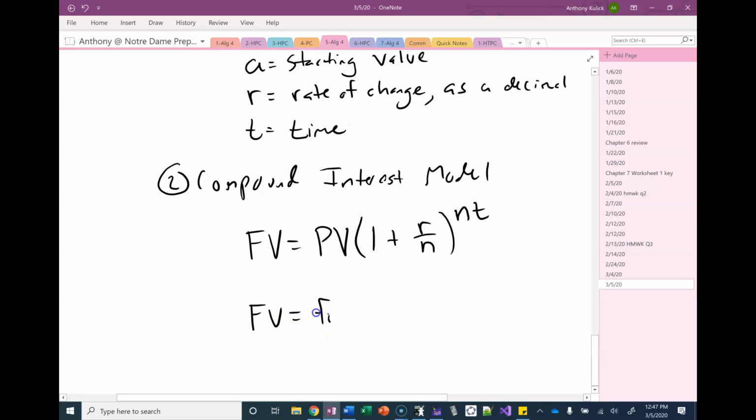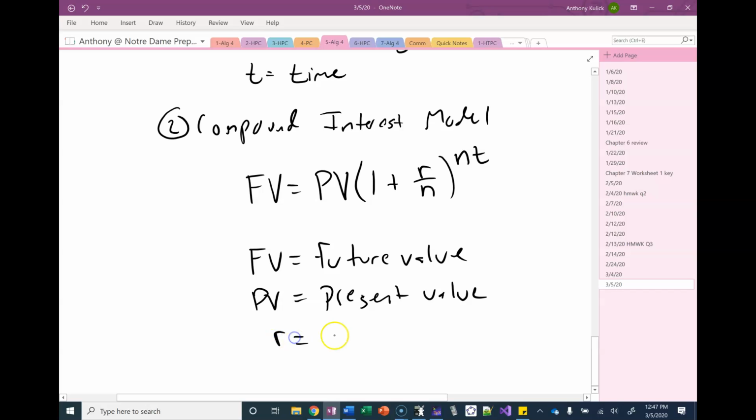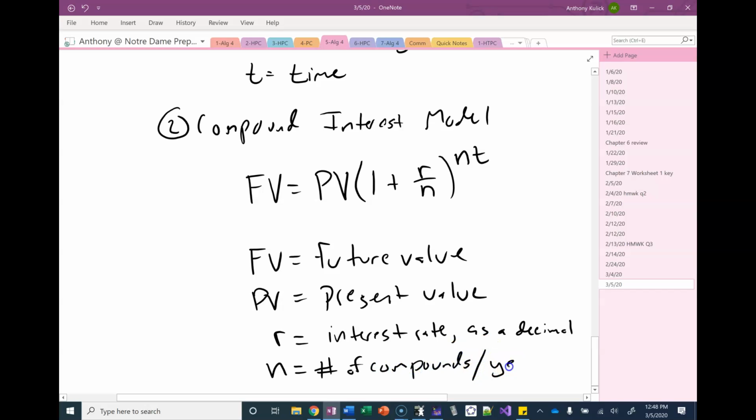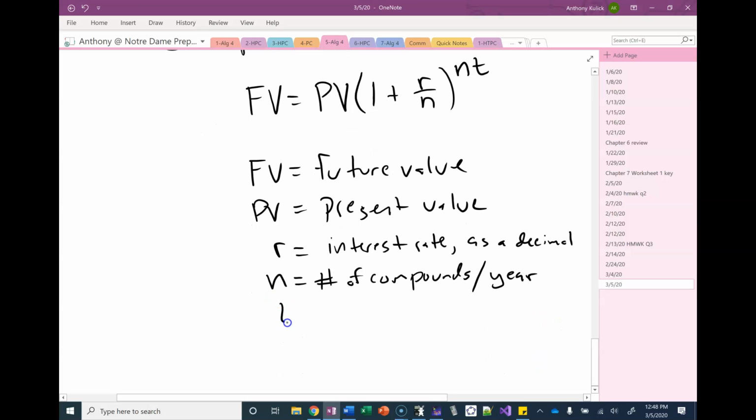Where FV is our future value, PV is the present value, r is the interest rate written as a decimal, n is the number of compounds per year, and t is equal to time in years.